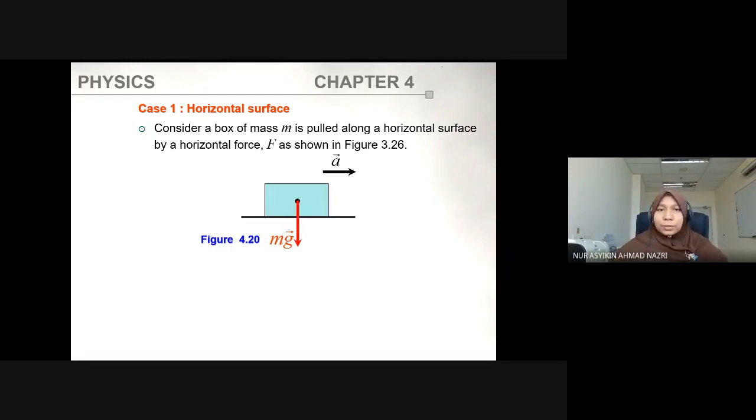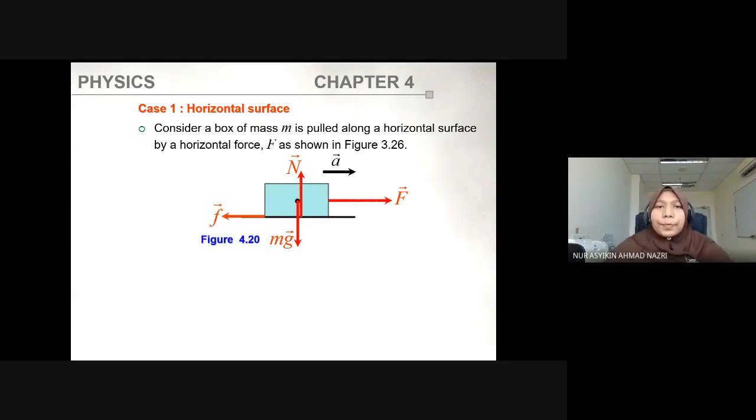Biasanya kalau horizontal surface memang boleh score lah. Tapi ada je some student yang tak dapat that concept dan tak boleh jawab juga. Bagi saya sangat sayang lah sebab dia memang very basic. So let's see sebab apa saya kata dia sangat senang.